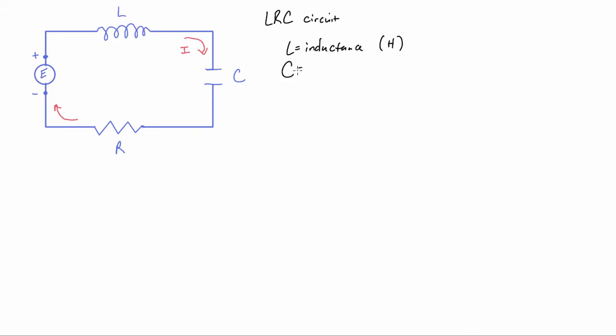The capacitor is C. Capacitor is measured in a unit called Faradays. The R stands for the resistor, and it's usually measured in ohms. Capital Omega there for the unit definition. E is the voltage source or the electromotive force.